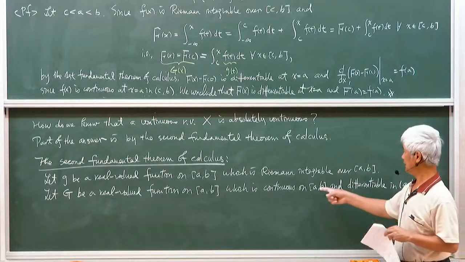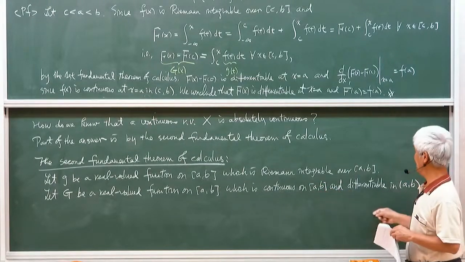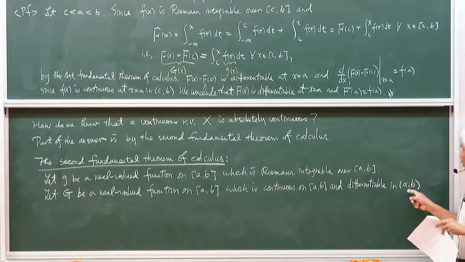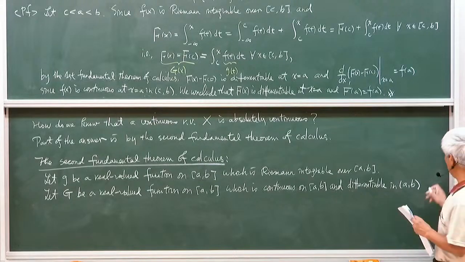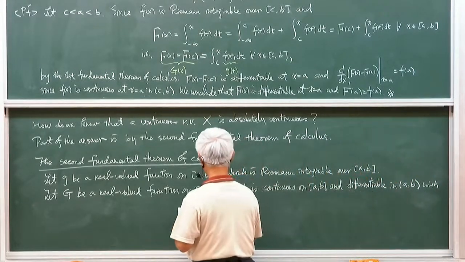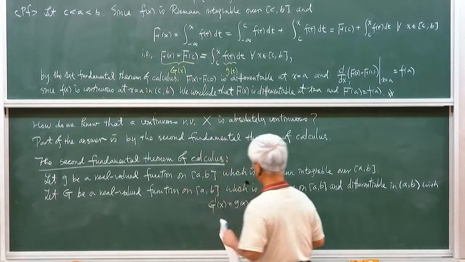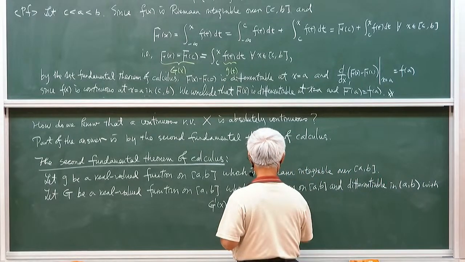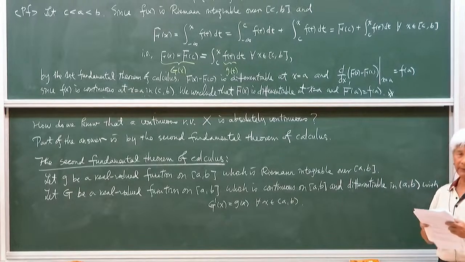So it has the one side continuity here. But for differentiability, we just require it in the open interval, so that the derivative of the big G is equal to the small g for all x in the open interval. Okay, we just need that.